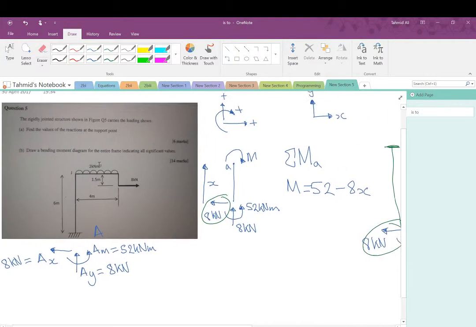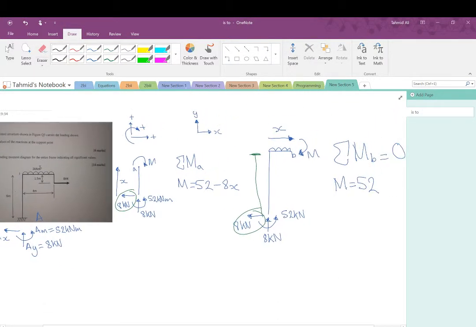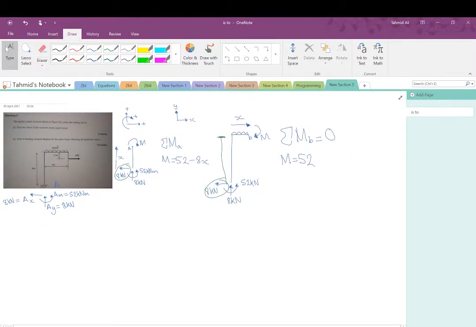So it won't have anything to do with X. So it would be 52 minus 8x. The reason why it's minus is because this is making it go clockwise, and M is also going clockwise. Okay, so it's going to be 52 minus 8, not 8x, sorry, 8 times 6.